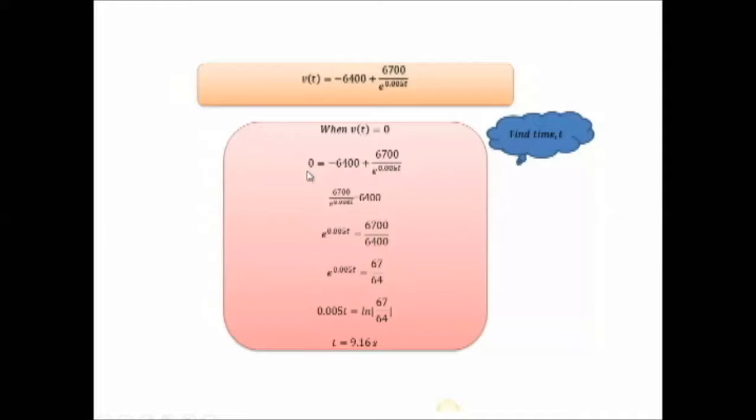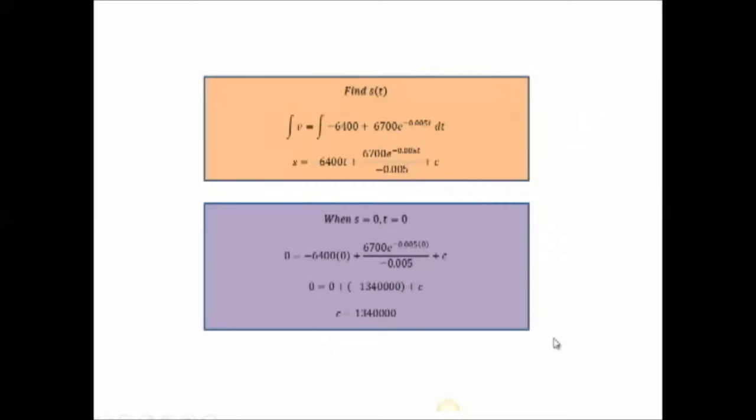So 0 equals negative 6,400 plus 6,700 divided by e exponent 0.05t. So this is the solution. We get the maximum time equal to 9.16 seconds.